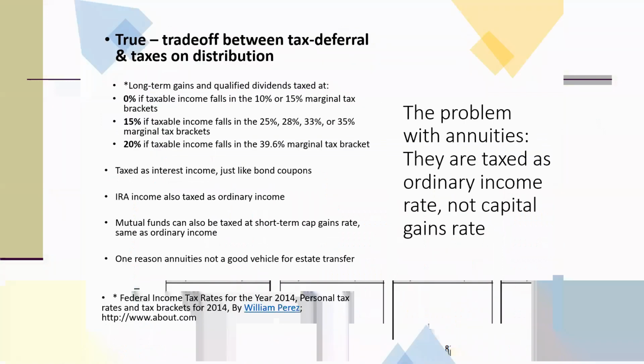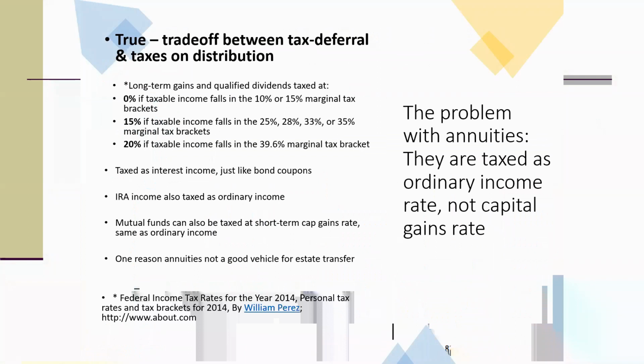All right, now, annuities are taxed at ordinary income rates. This is one of the other criticisms of annuities versus money that you have invested in a non-qualified mutual fund portfolio. So just keep in mind that that is the case.